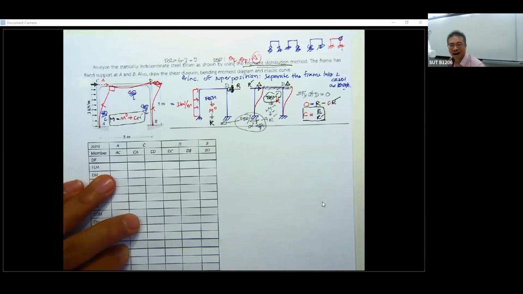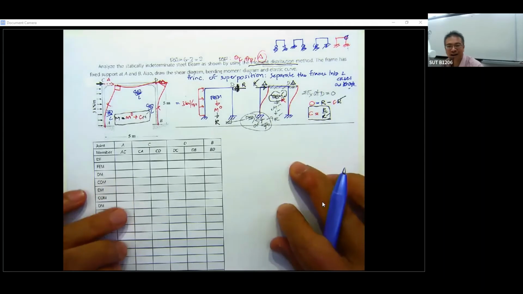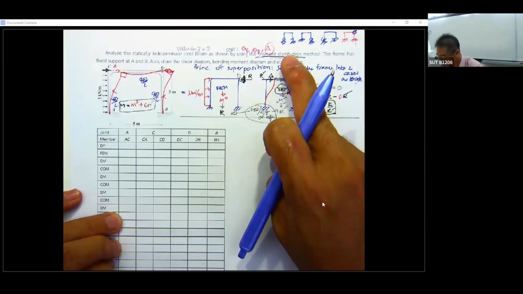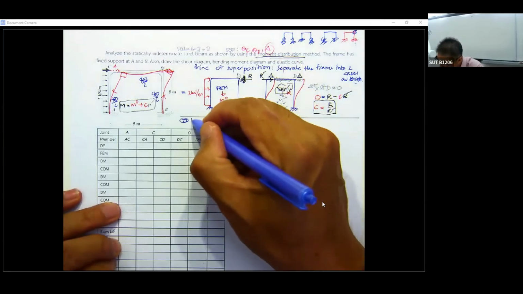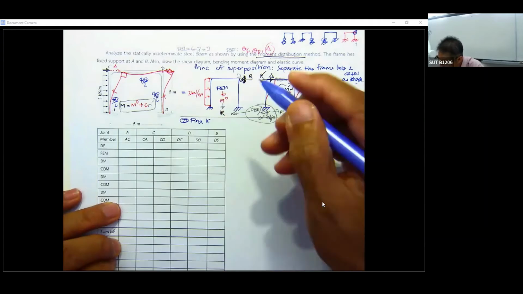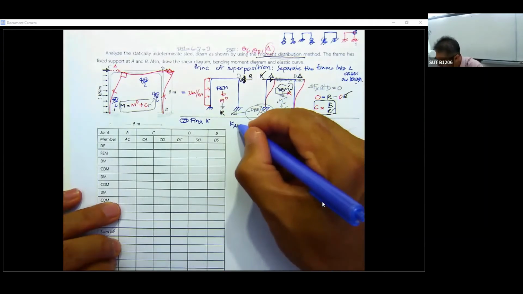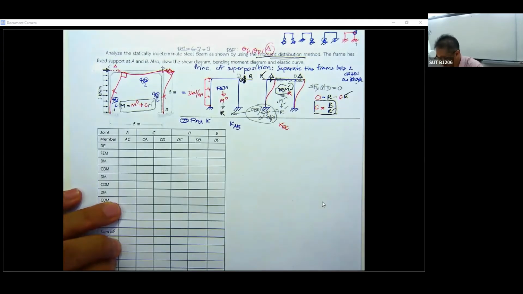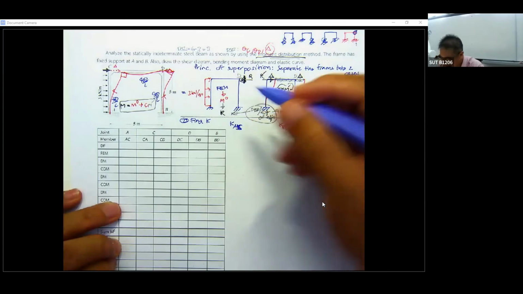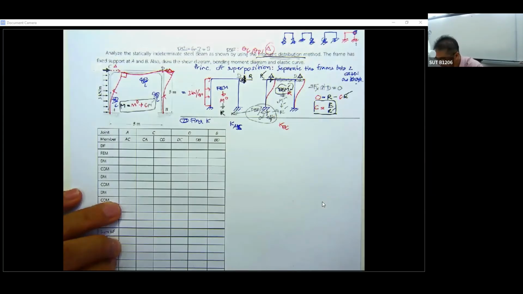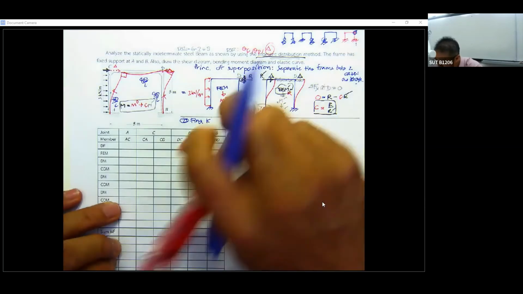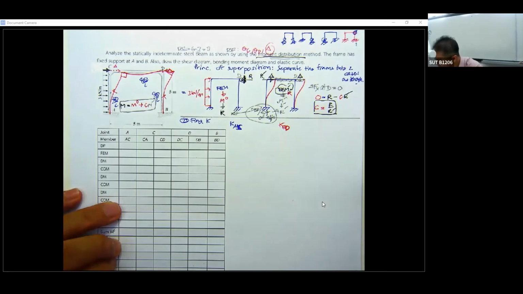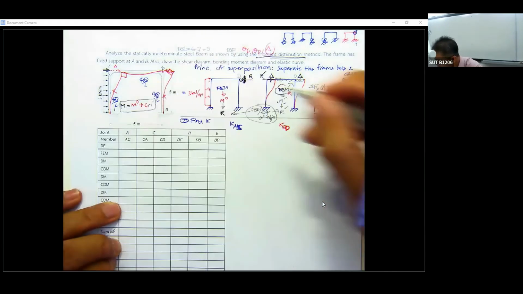So the first step, no matter whether you're going to use case 1 or case 2, you're going to do the moment distribution, and then you're going to find the K: K sub AB, K sub BC, and sorry, K sub AC. AC is this one, K sub BD, that is another column, and for the beam, K sub CD.